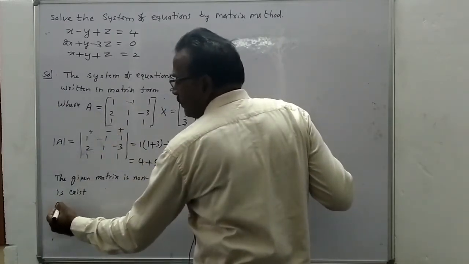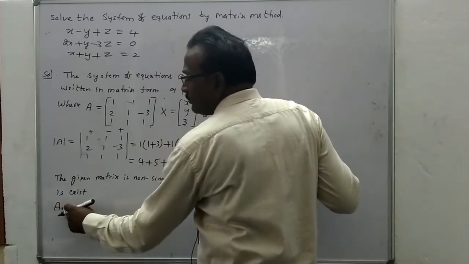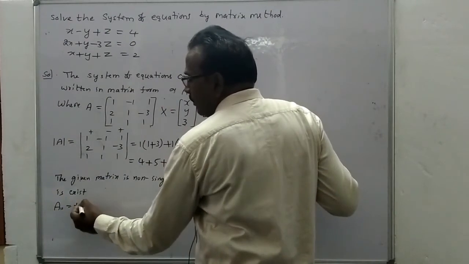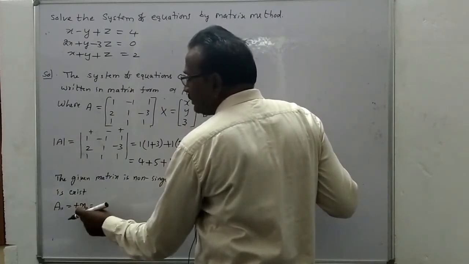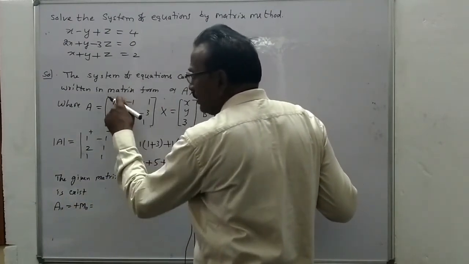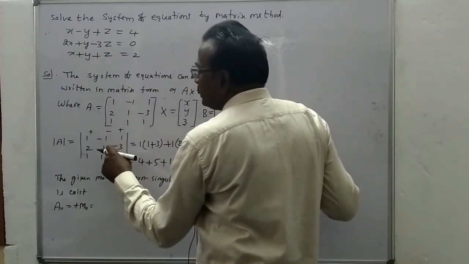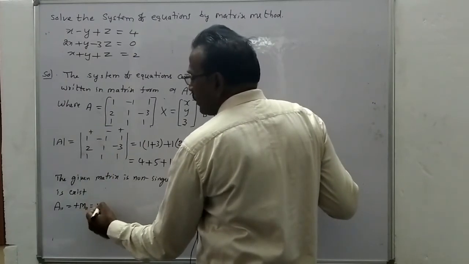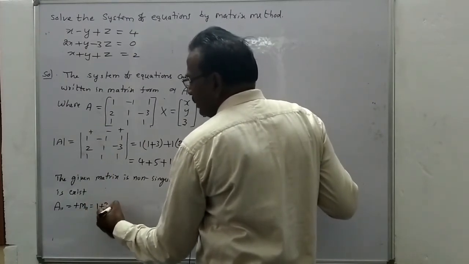First A11: here 1 plus 1 is an even number, so the sign is plus, times capital M11. Capital M11 means the minor of an element. The minor of an element is obtained by deleting the first row and first column. So the remaining 4 elements: 1 into 1 is 1, minus of minus 3 is plus 3, the value is 4.